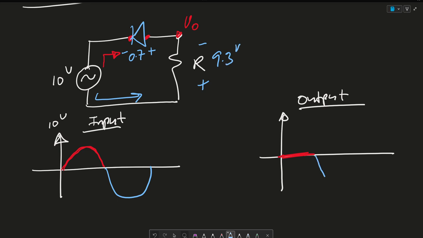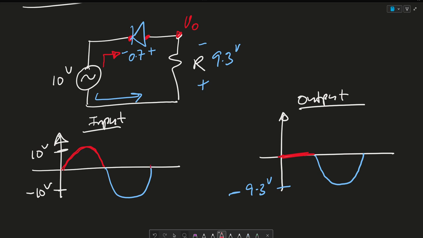So here we would have 9.3 volts through our output. Let me be clear, this is 10 volts, this is negative 10 volts, and this should be negative 9.3 volts.